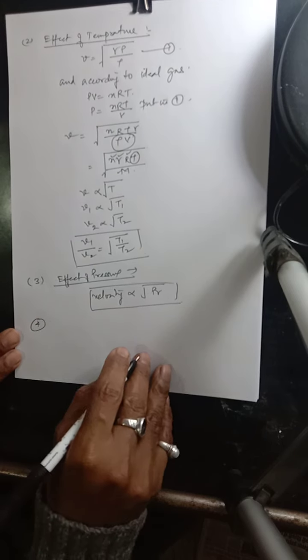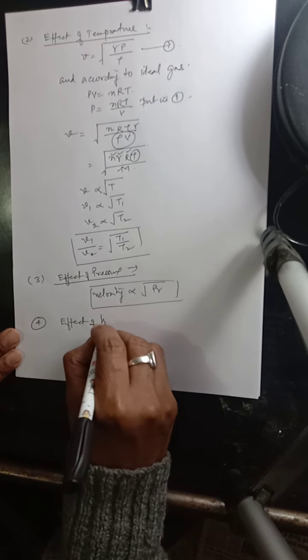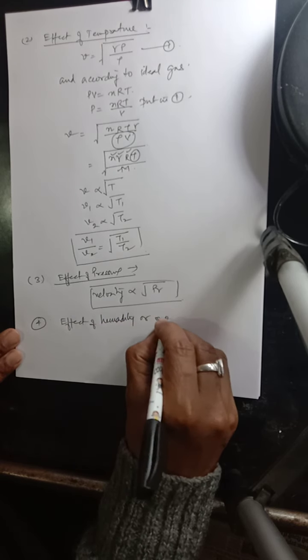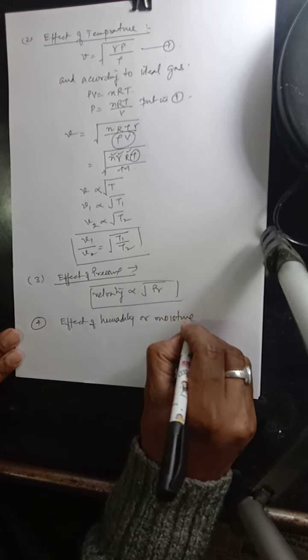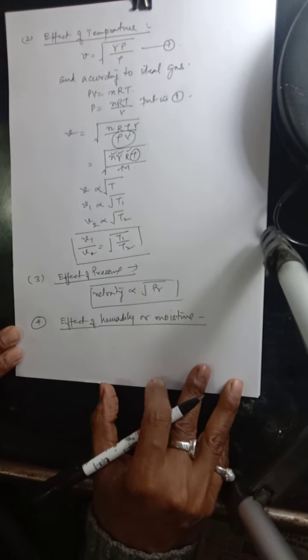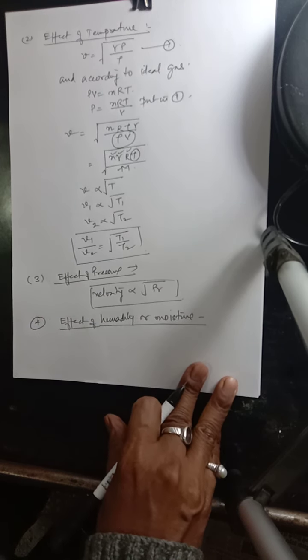Now the fourth is the effect of humidity, or we can say moisture. We are finding the effect of humidity or moisture on velocity.